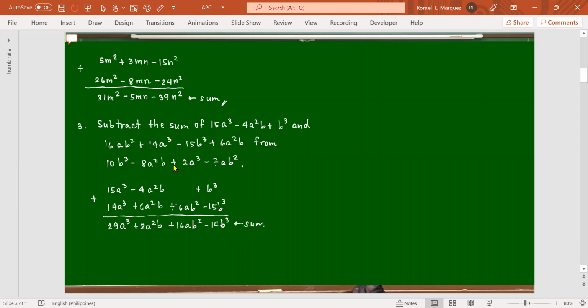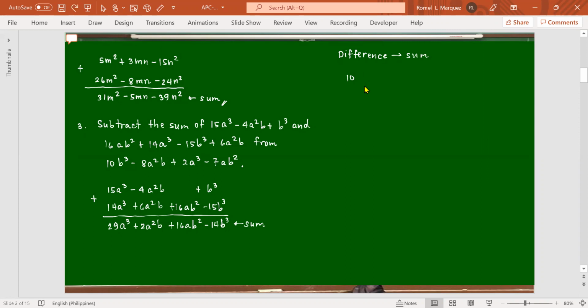Next, we're going to subtract the sum from, which one is our minuend, guys? So this is the difference, but we're going to convert it to sum. Convert to sum, no? So we get 10b cubed.